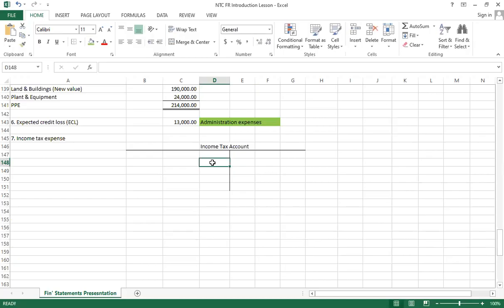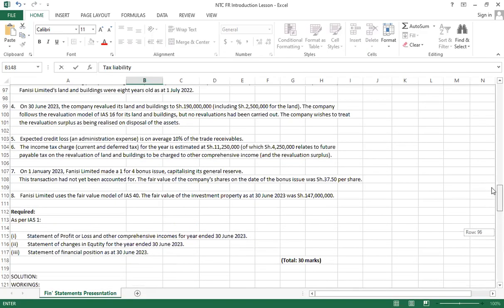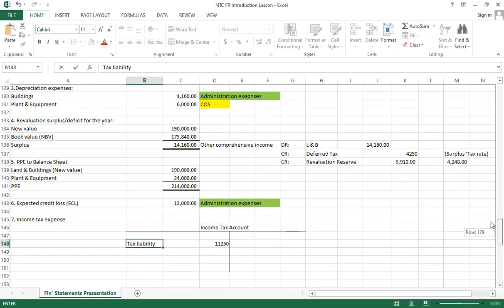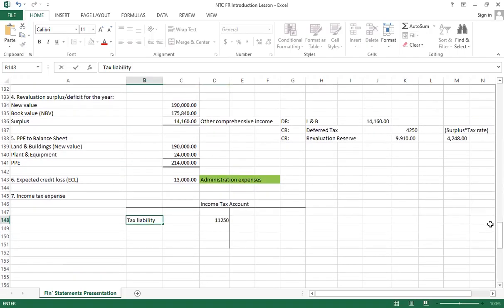You say that we have 11,250, and this is the tax liability, or provision.